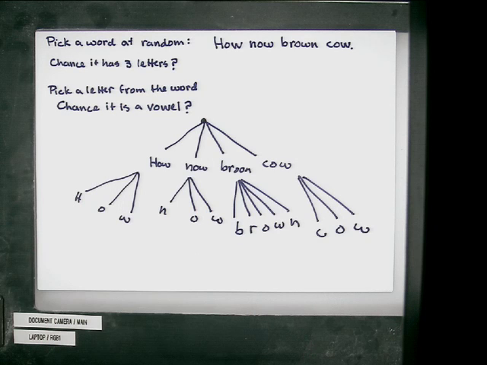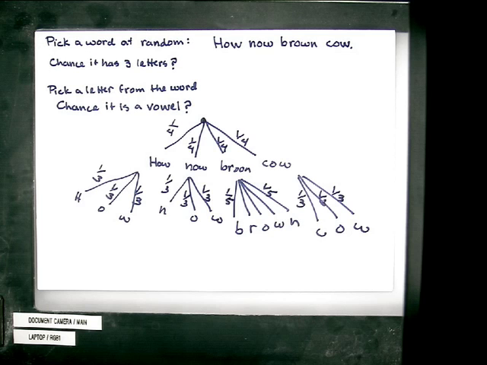Once I pick a word, to then pick a letter from the word, each letter's equally likely, and so for a 3-letter word, it's 1/3, 1/3, 1/3. Brown is 5 letters, so they're each 1/5. And cow is 3 letters, so they're each 1/3.